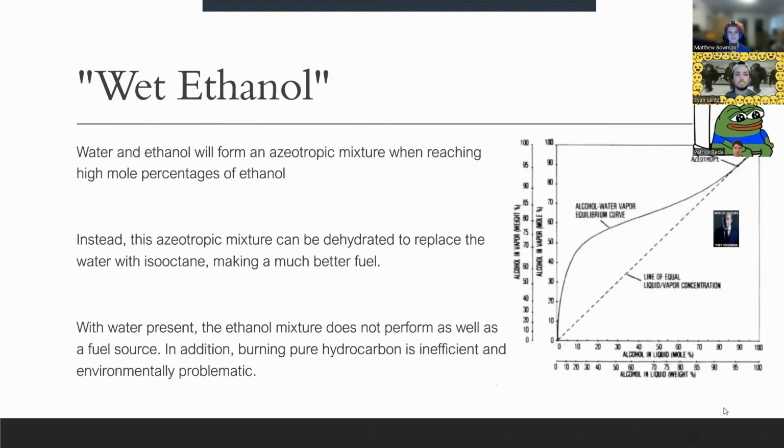So hydrocarbons are used as fuel sources, as most people know. However, hydrocarbons by themselves are very inefficient and environmentally dangerous. So ethanol is added to these hydrocarbons to make them more efficient by oxygen addition.